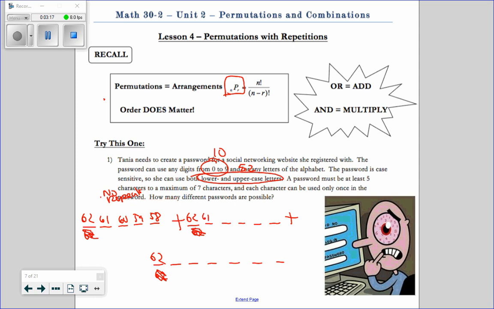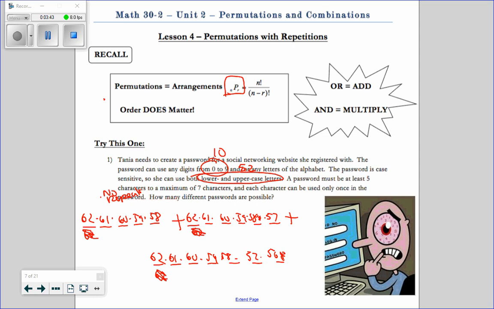So 61, 60, 59, 58, 57. 61, 60, 59, 58, 57, 56. So on your calculator you would go times, times, times, times, plus, times, times, times, times, plus, times, times, times.